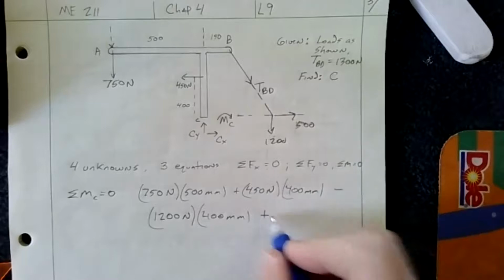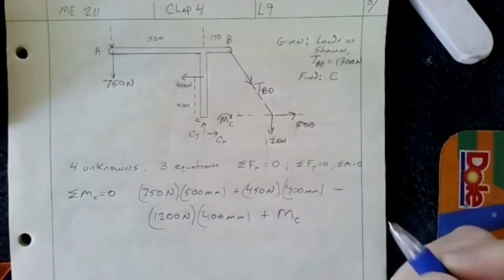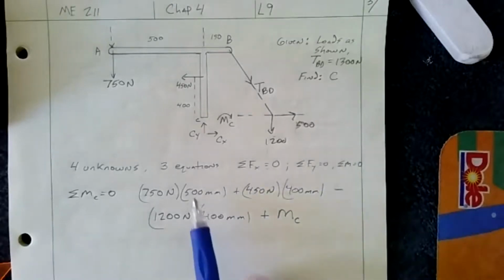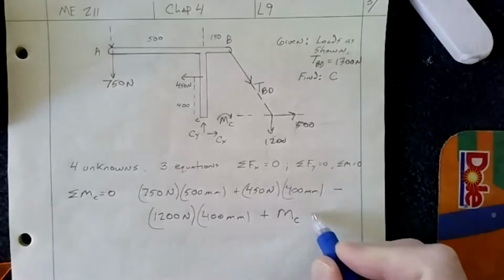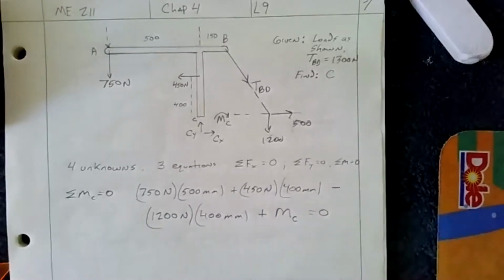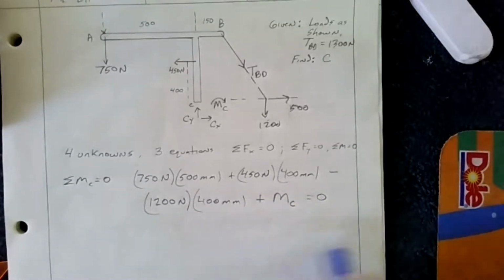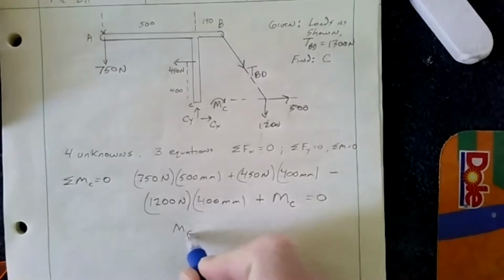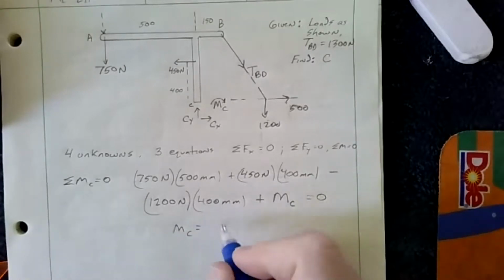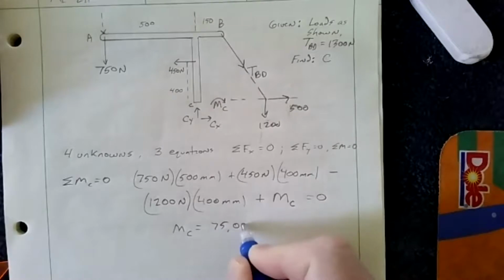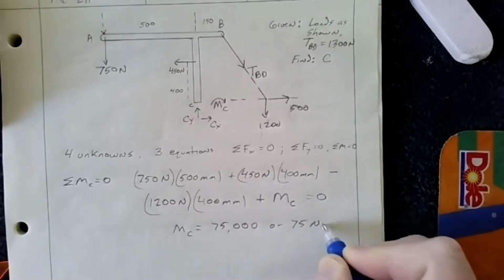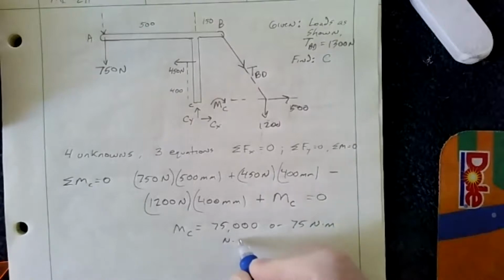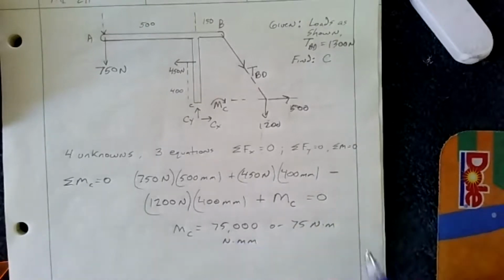But we're not done. Then plus the moment at C, right? Because unless this and this equal this, there's going to be some net moment. So if we go ahead and solve, we get the moment about C equal to 75,000 Newton millimeters, or 75 Newton meters.